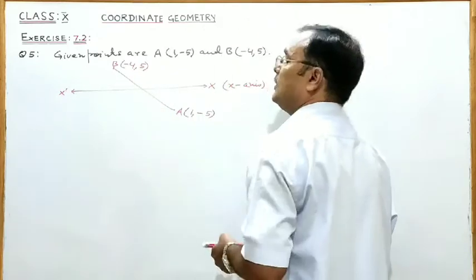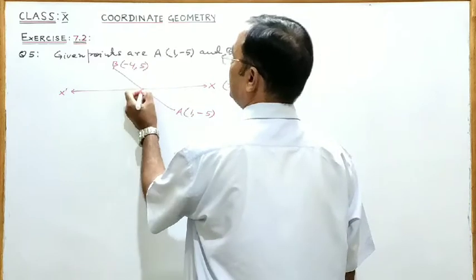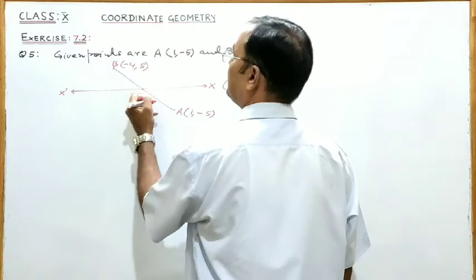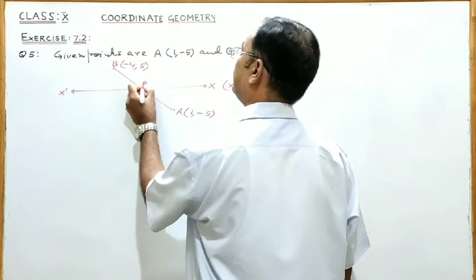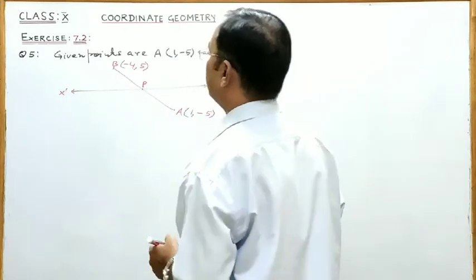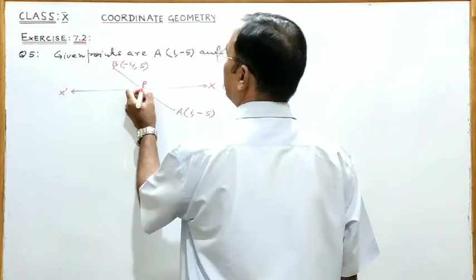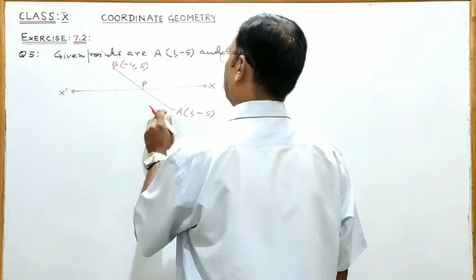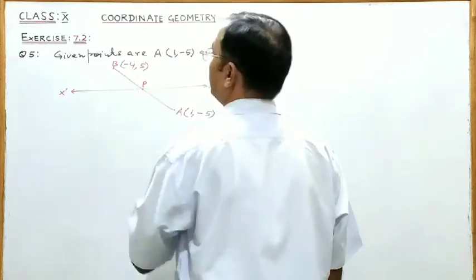The join of these two given points A and B is divided by the x-axis, and P is the point of intersection of the x-axis and the line segment AB. That is, point P is the point of division. The x-axis divides the line segment AB.